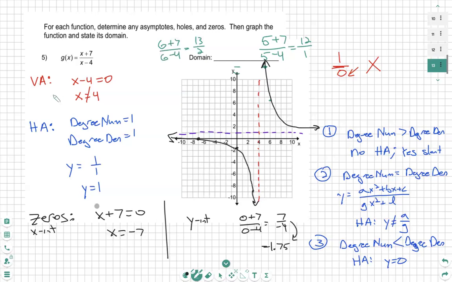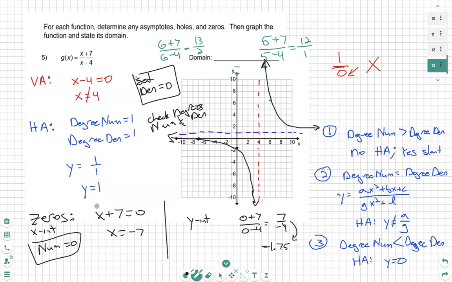We have our vertical asymptote, denominator equal to 0. We have our horizontal asymptote, check degrees of numerator and denominator. Zeros, set numerator equal to 0.